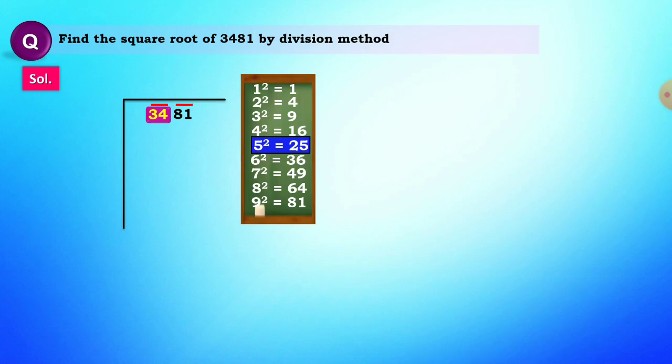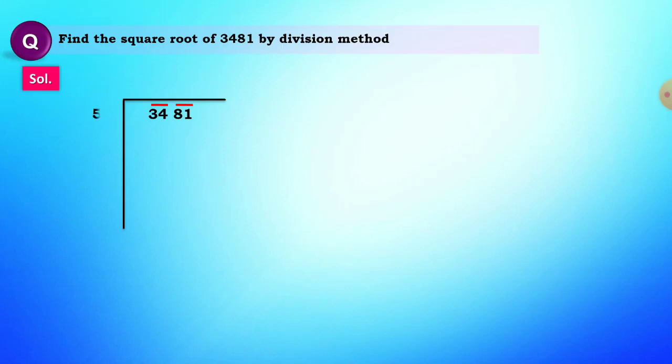So we will write 5 in the divisor as well as 5 in the quotient, and we know 5 into 5 is 25. So we'll write it below 34. And the next step is to subtract. So 34 minus 25, we get the answer as 9.